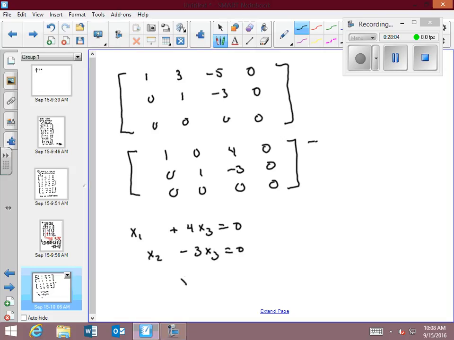And then x3 is free. And solve this one for x1. This one for x2. And then this one is free.